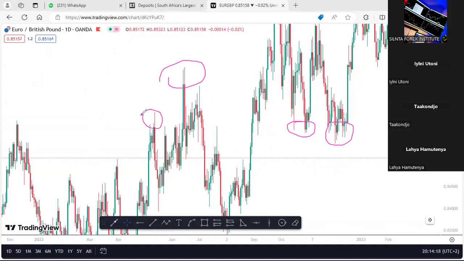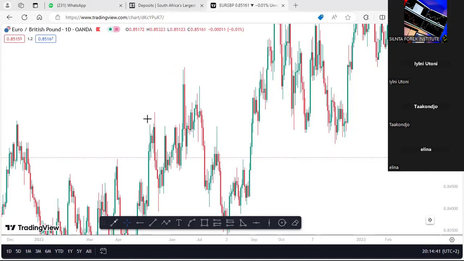This one? Resistance. This one? Support. Okay. Before we move forward, do you understand what are support and resistance? Yes. Okay, good. These are very, very basic things. We'll move to the advanced things later.